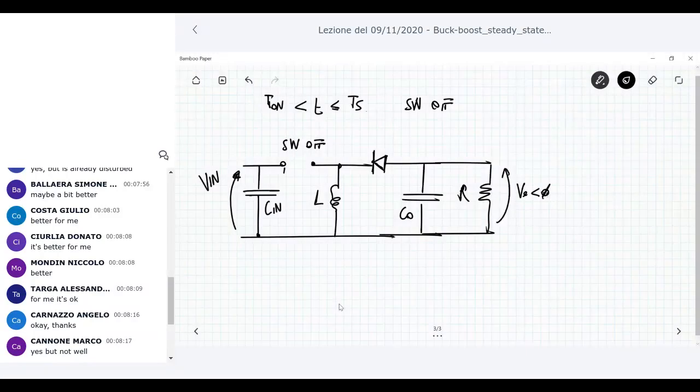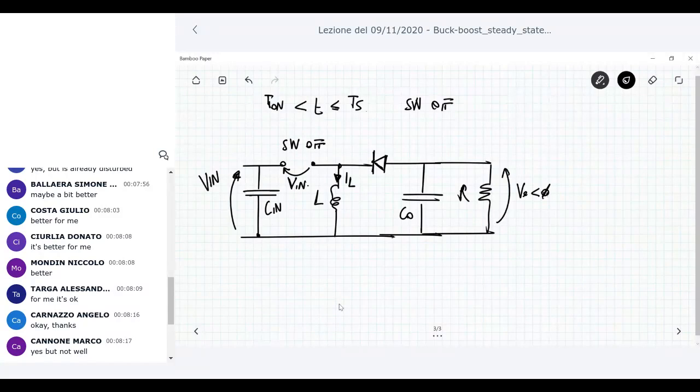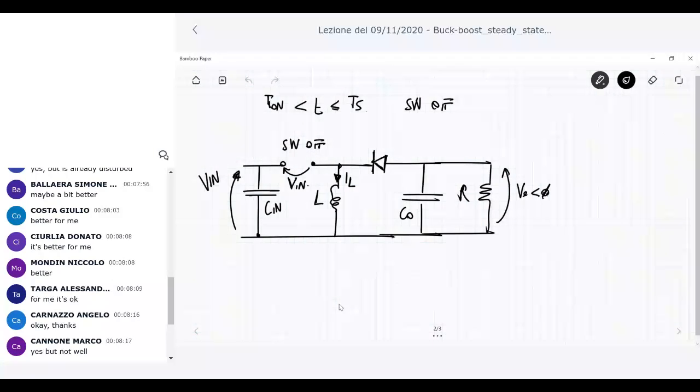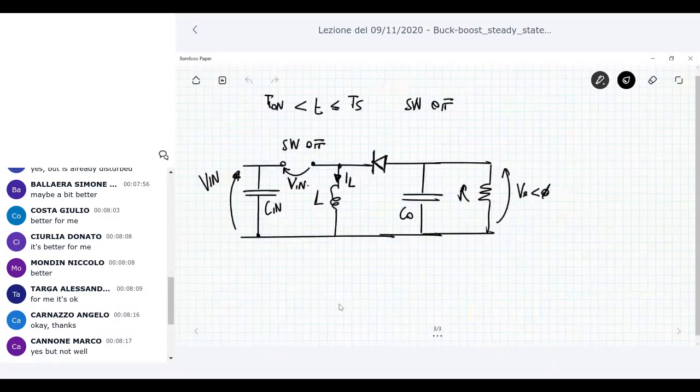So the voltage across the switch is exactly V in. The inductor, before turning off the switch, has a current flowing through it, IL, which is at its maximum level, I max. Of course, when you open the switch, the current through the inductor continues to be different from zero.